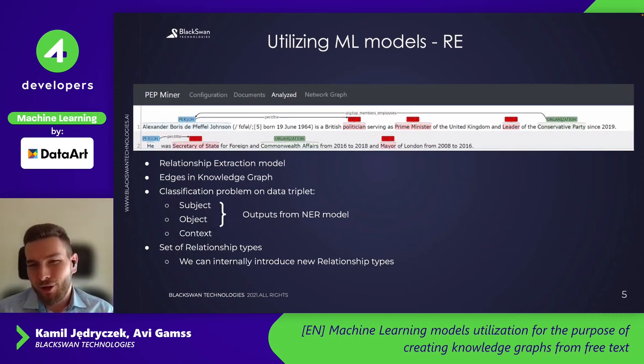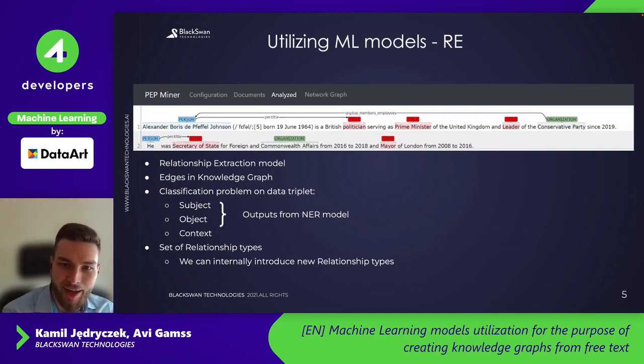The next model is also a well-known relationship extraction model. And of course, the relations are represented in our knowledge graph as the edges between the nodes. Those edges have a meaning: if a relationship is between those 2 nodes, then we are saying that based on our data, which here is free text input data, we are able to spot this relationship.